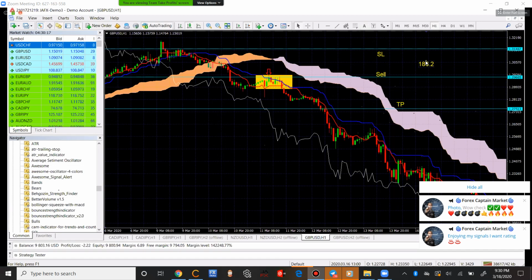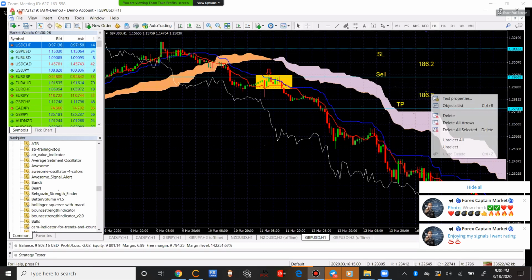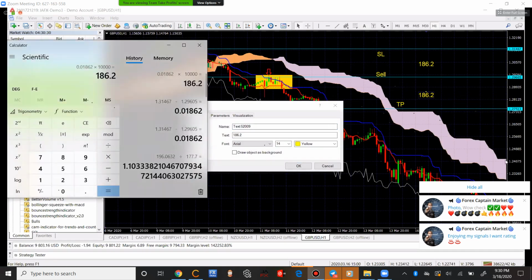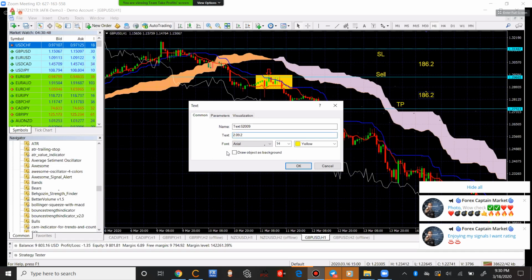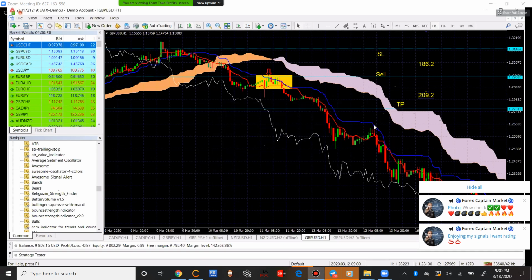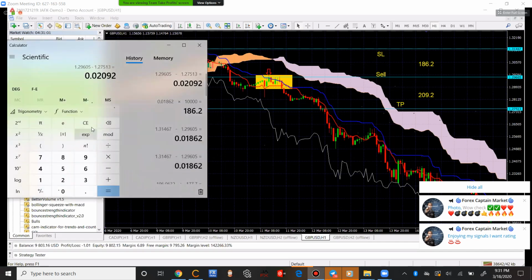Okay, and then after you find the difference between the stop loss and your trade price, we're going to find the difference between the price here and your take profit, however you calculated it to be. Okay, 209.2.